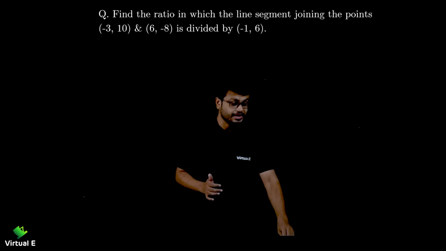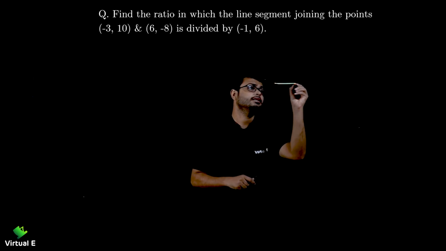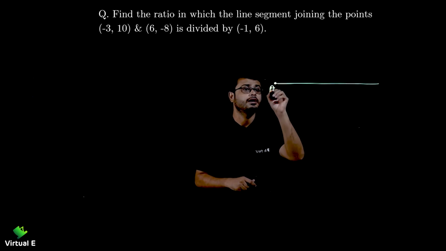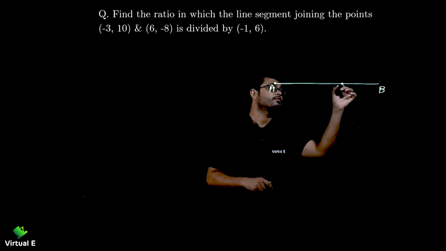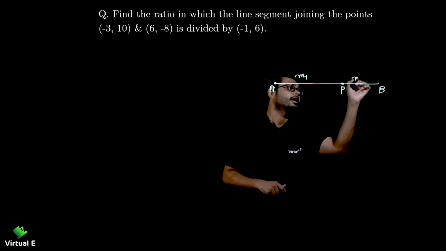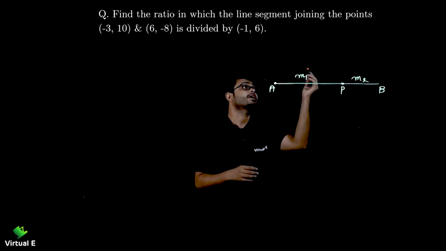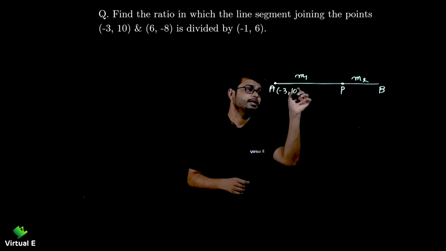So first of all, let's write all the things that we know so far. Let's draw the line, that will be better. So let's say here A, here B, and let's say somewhere over here P. I'm taking randomly, it can be different. And this ratio as m1 and this ratio m2. Done. So let's start. First point I'm saying (-3, 10).